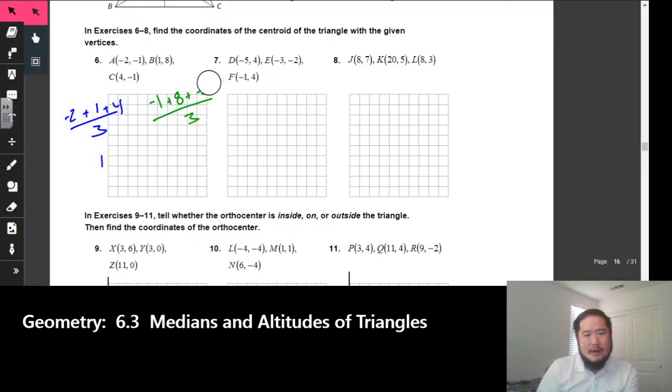Put all that together right here. We got -1 plus 8 is 7. 7 plus -1 is 6. 6 divided by 3 is 2. So where is the centroid? It is at the ordered pair 1, 2.